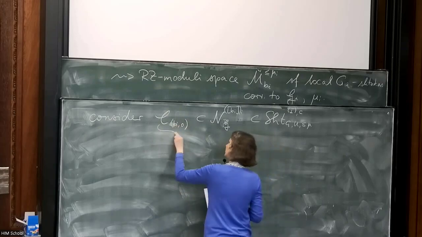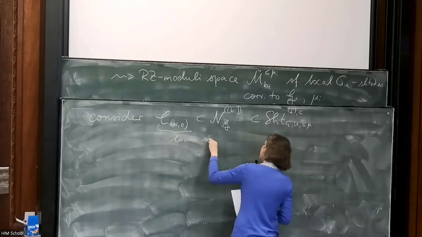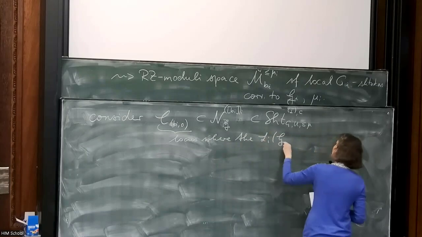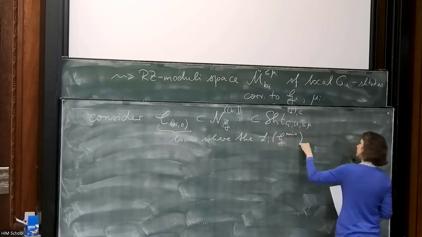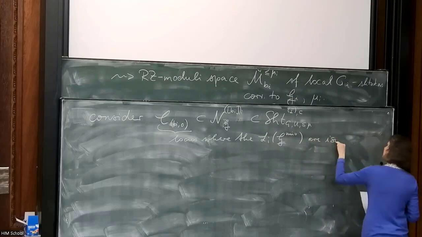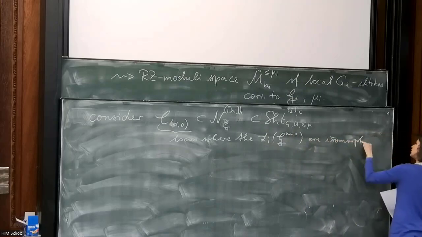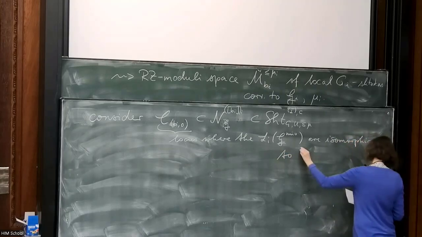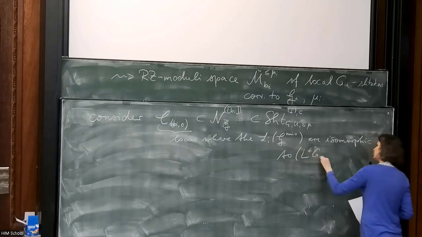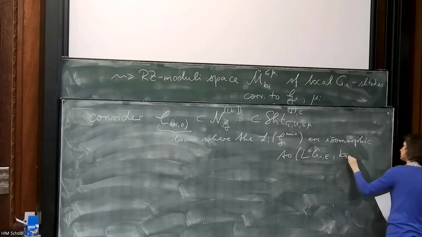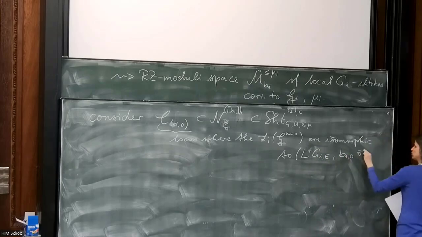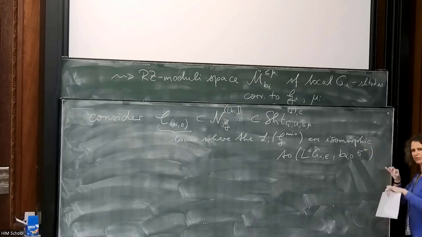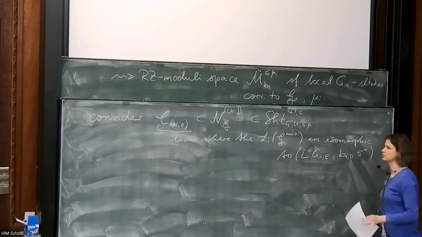This is the locus where the local G-Shtukas are isomorphic to the local G-Shtukas given by these particular representatives of my sigma-conjugacy class. So I fix really the isomorphism classes at all these points.